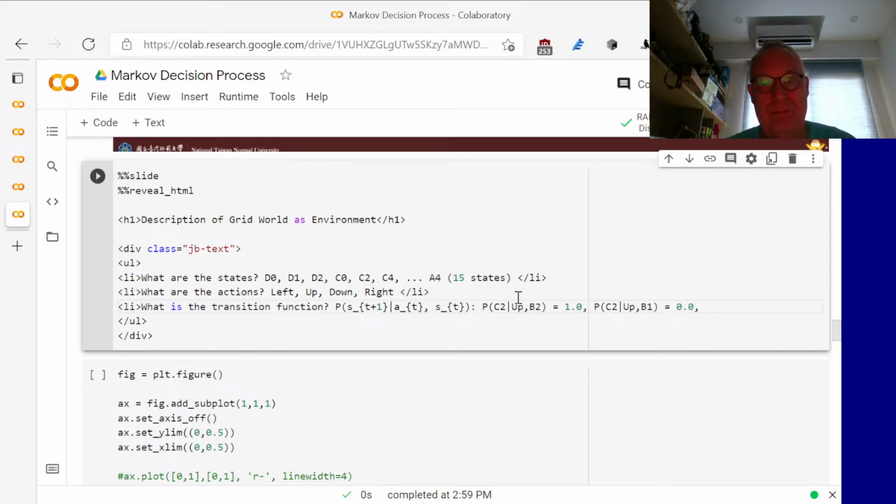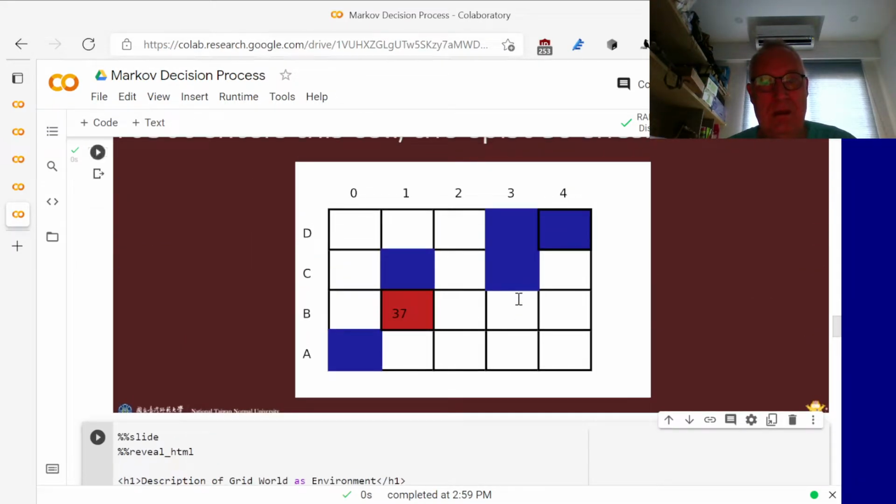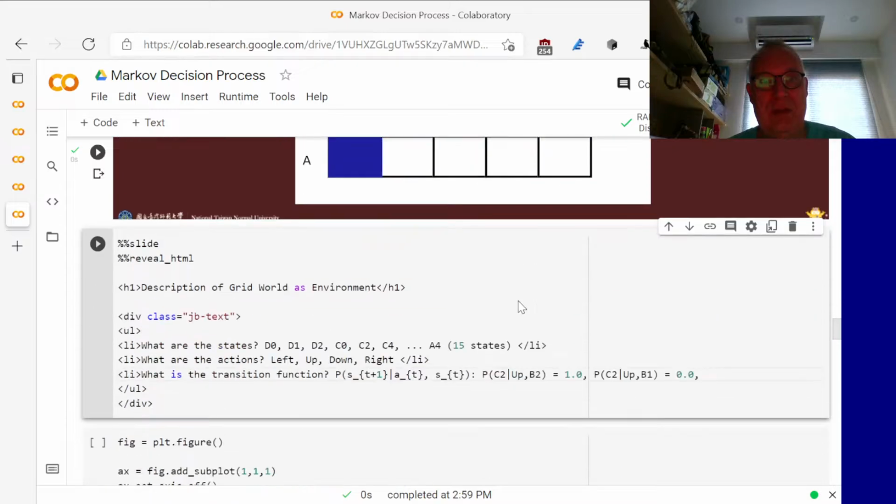And probability of ending up in C1 if I execute left in C2.